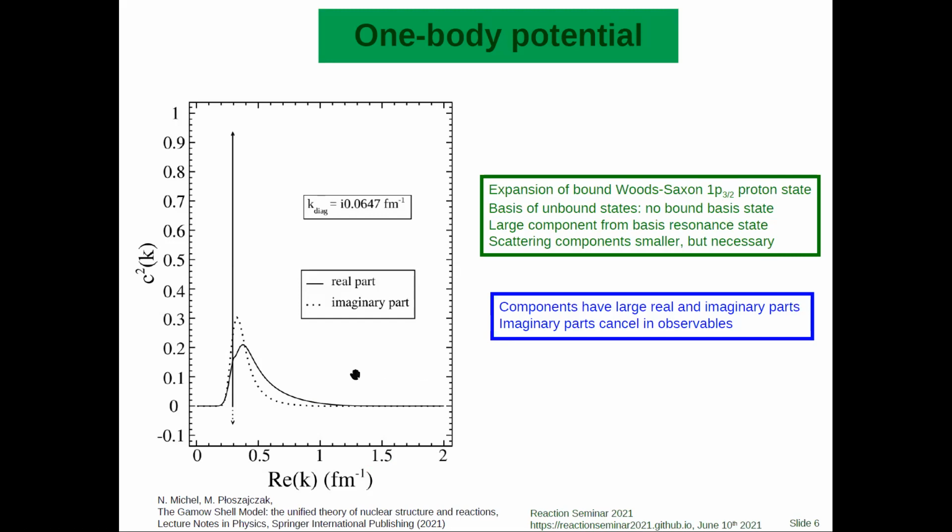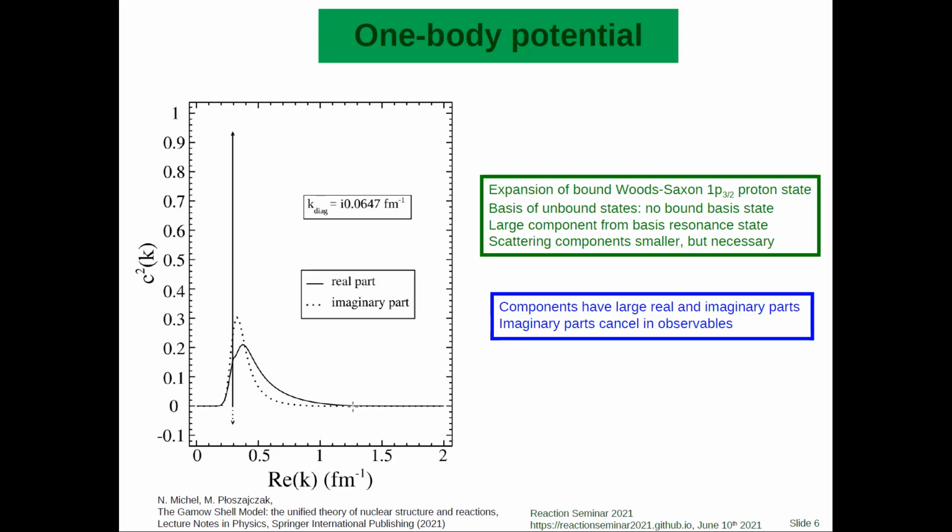We can see that here one has an overlap between the resonance and the bound state, which is very close to 1, but has a small imaginary part. And this here is the rest of the contour, which provides components which are smaller but important nevertheless, so that we can expand a bound 1p3/2 state with only unbound basis states.